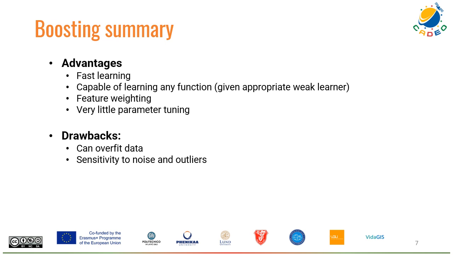This means that boosting should be used with precaution when the dataset is small or noisy. The second drawback is its sensitivity to noise and outliers. Boosting might struggle with noisy or outlier-rich datasets, as it tends to focus more on difficult instances during training, and this will potentially amplify the effect of the noise.